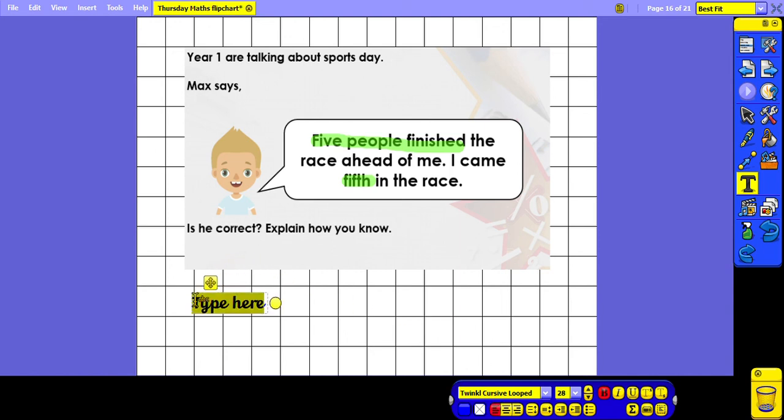So we know for this question that Max is incorrect. And that is because if 5 people have finished ahead of him, he must have come 6th.